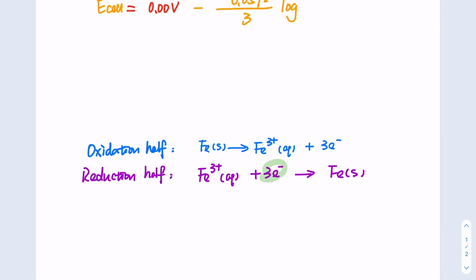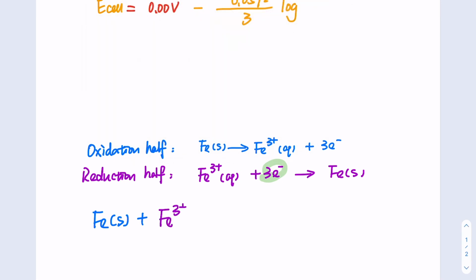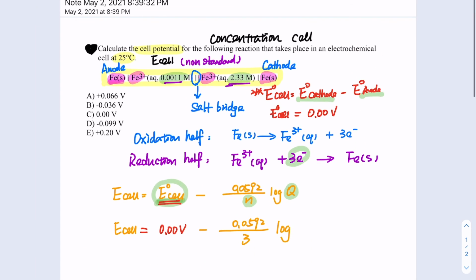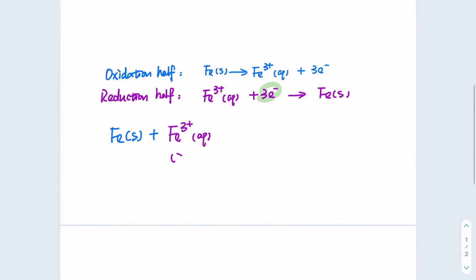So I'm going to have my iron. I'll use the purple. Purple is from the reduction half, so let's highlight the concentration. The purple was this one, 2.33. That's my reduction half. So that's the concentration.